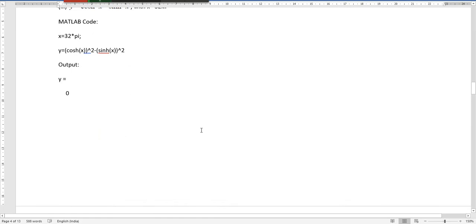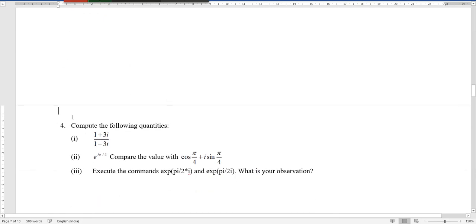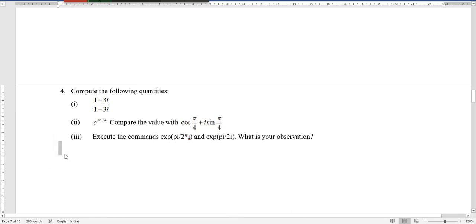Now coming to the fourth question. Now compute the values one by one. First, Matlab code. So the value is 1 plus 3i. No need to multiply by i, simply use this.